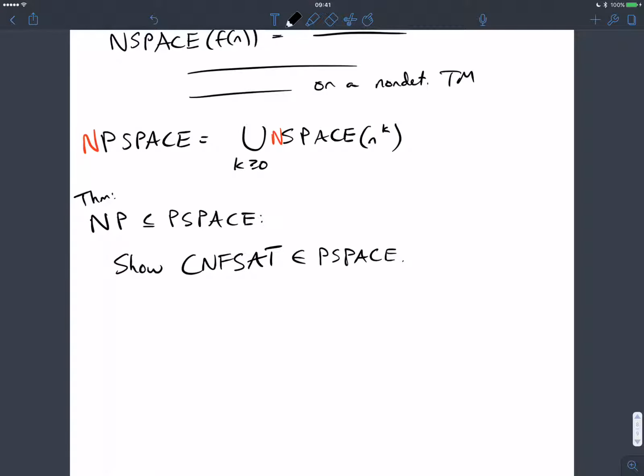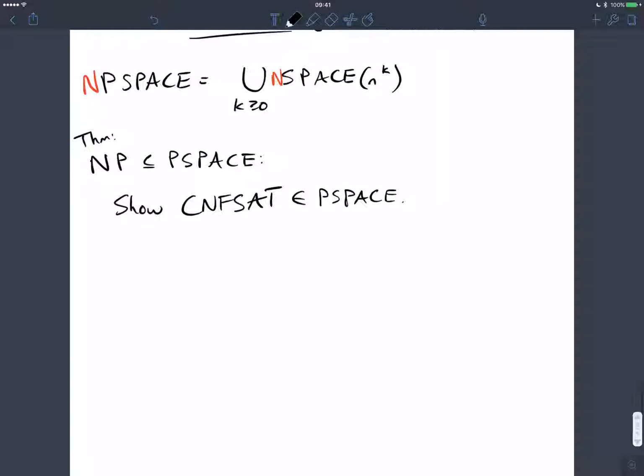The formula size I have to keep somewhere, but that's polynomial size. The assignment size is only polynomial size, so that's fine. What about computing the result of the formula? That's polynomial in size too, because it's just a single number, 0 or 1. So in total, that's a polynomial amount of space.